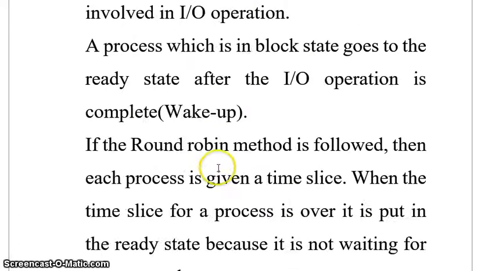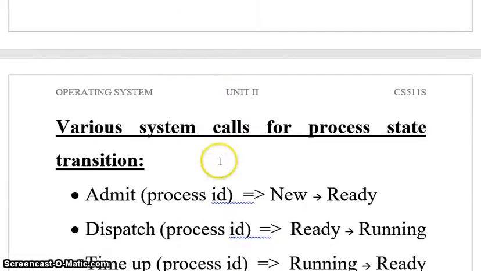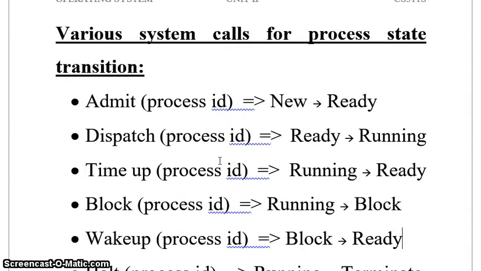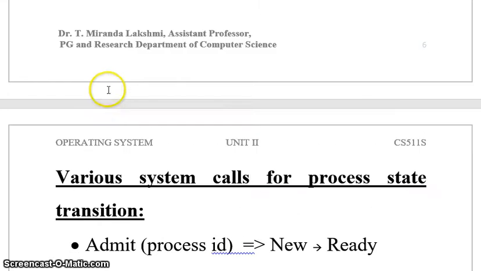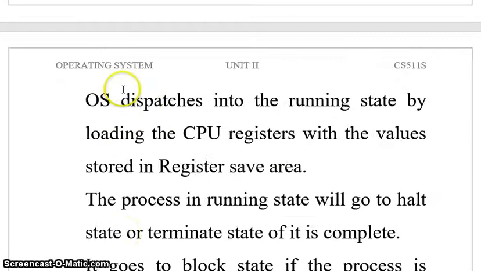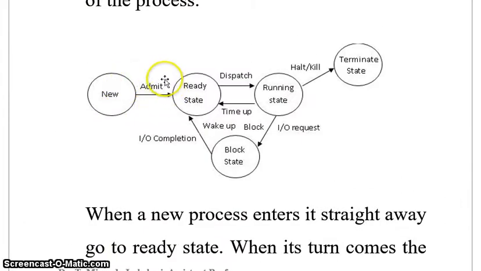Now we are going to see about the various system calls for process state transition. So admit, we have seen it here in the diagram. Do you remember? Admit. So from which state will it be moving to which state? It will be moving from your new state to your ready state.